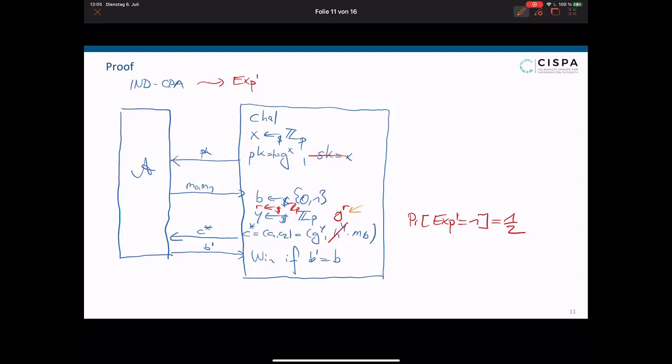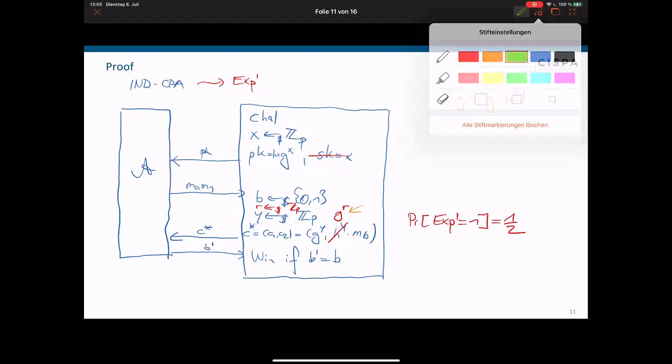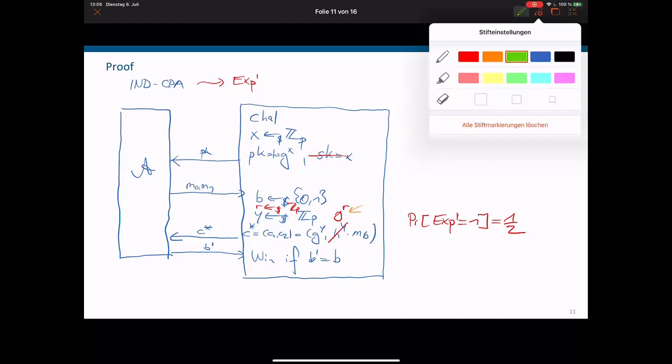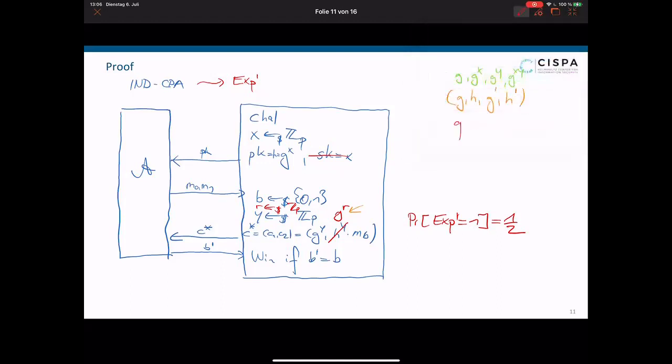If someone were to give me some tuple G, H, G prime, H prime, which is either, let's say, G, G to the X, G to the Y, and G to the XY, or maybe it is G, G to the X, G to the Y, G to the R. I don't know what it is, right?